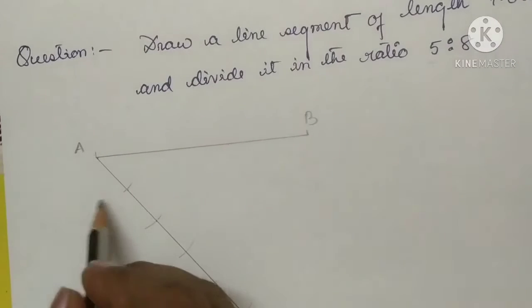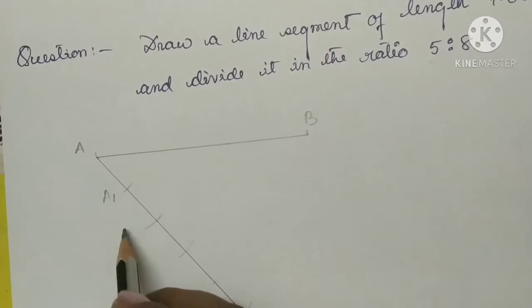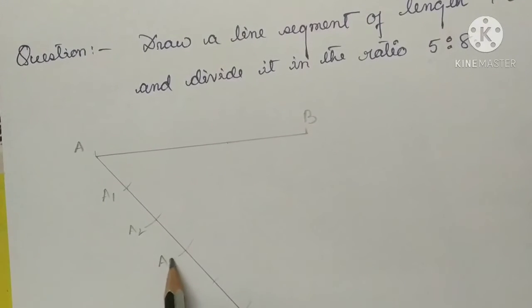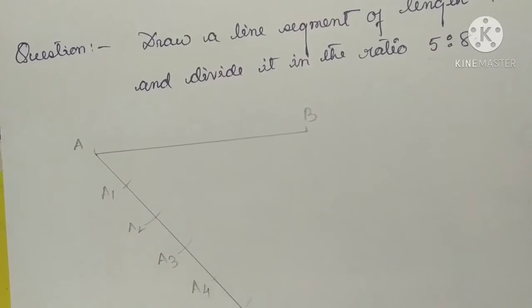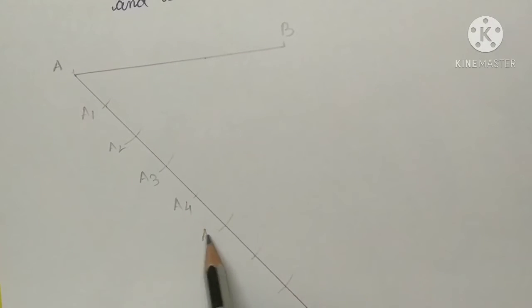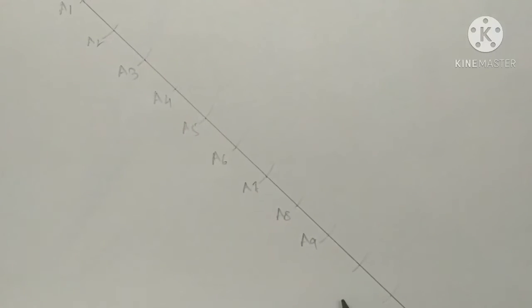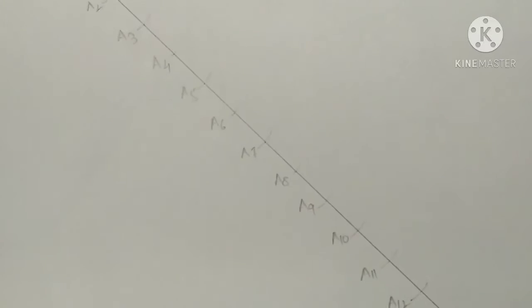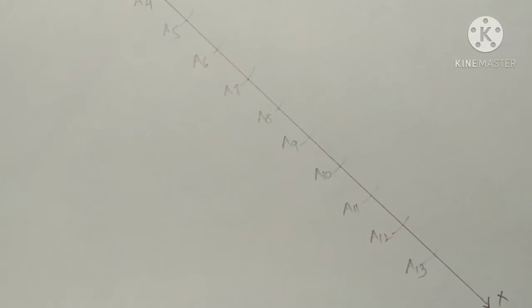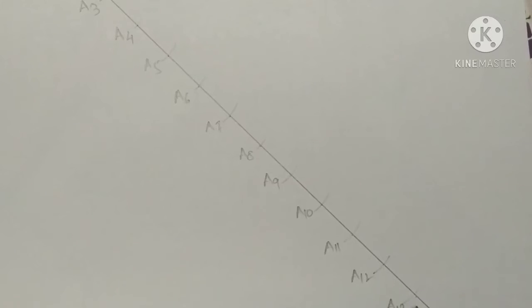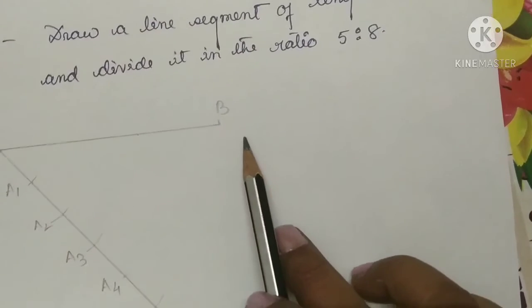So we got all these 13 points. So starting from here, I will give them the name A1, A2, A3, A4, 5, 6, and so on, this is A13 last.